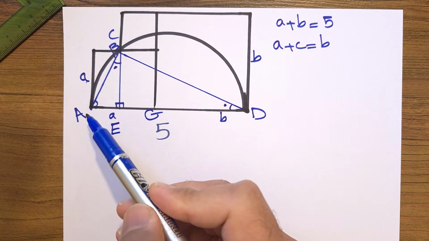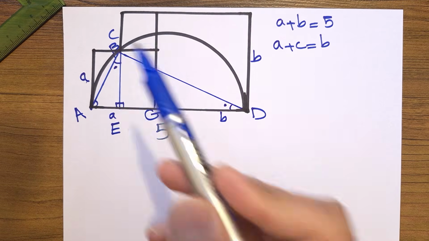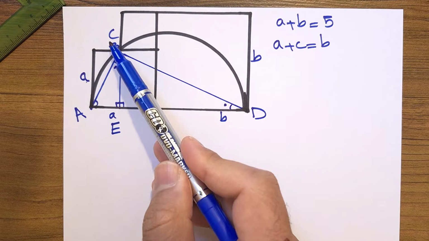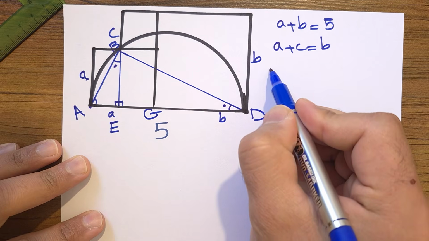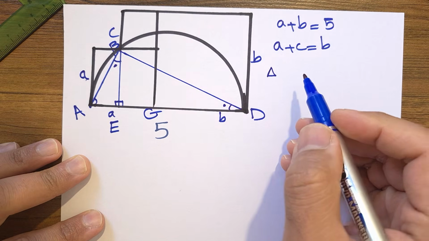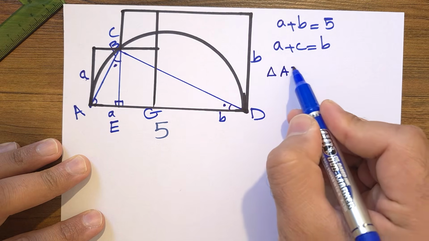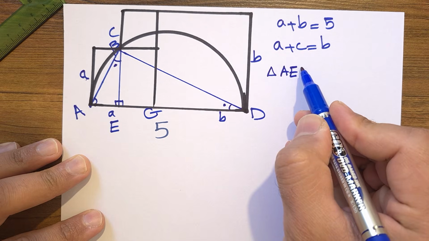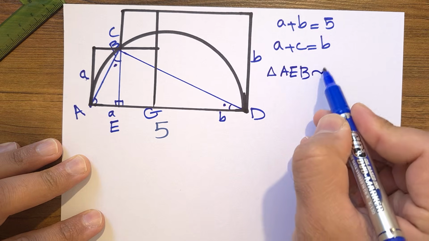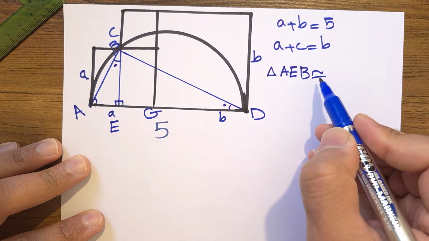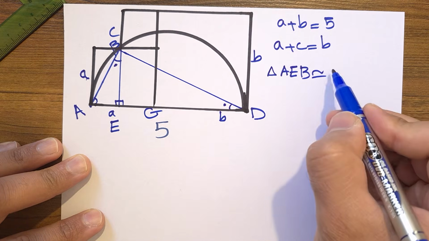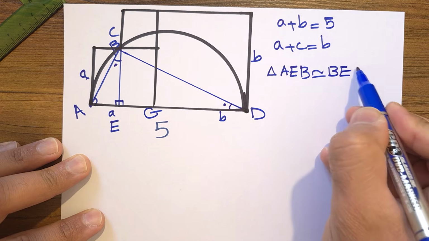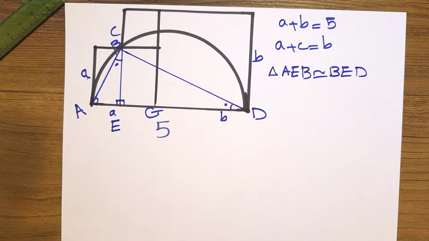Triangle AEB is similar to triangle BED. Okay, so let me just write it down here. Triangle AEB is similar to triangle BED. Then we can just compare the corresponding sides.